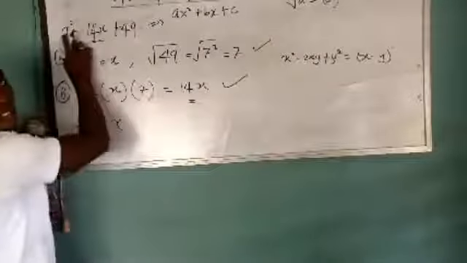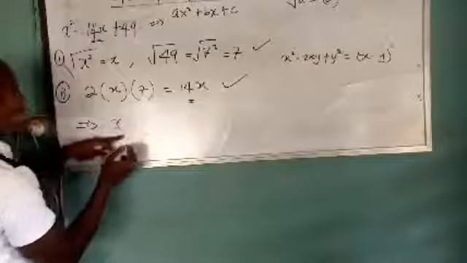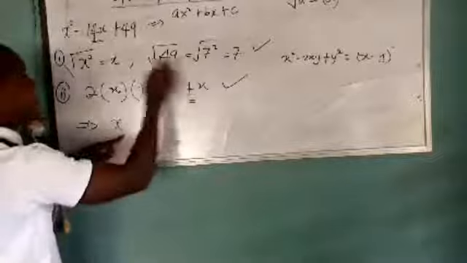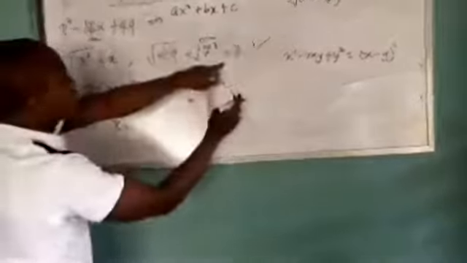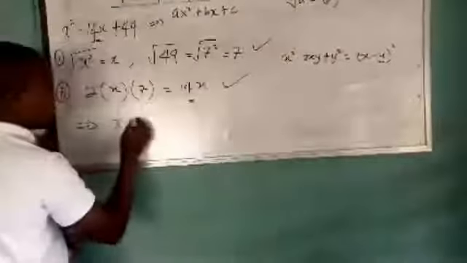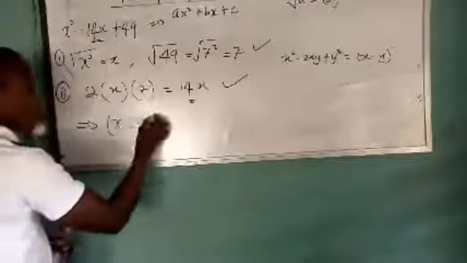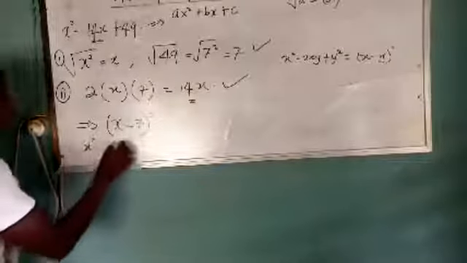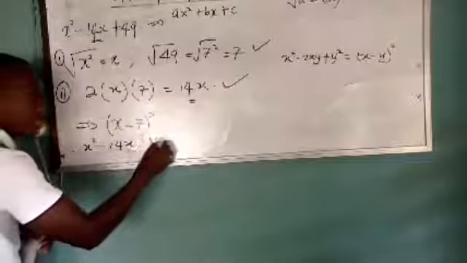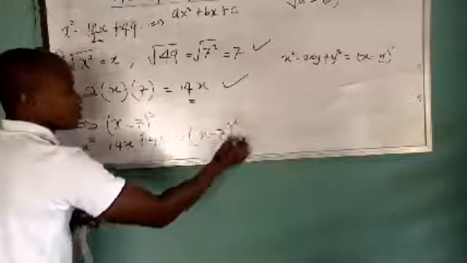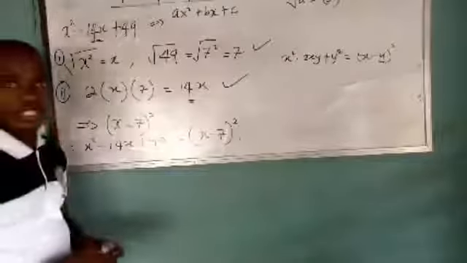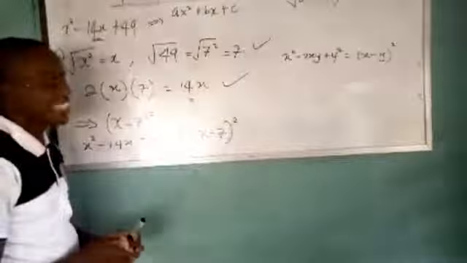This will be the square root of the first term, which is x, minus the square root of the last term, which is 7, all squared. Therefore, x squared minus 14x plus 49 is equal to x minus 7 all squared. Can you get that? That's the simplicity in that.